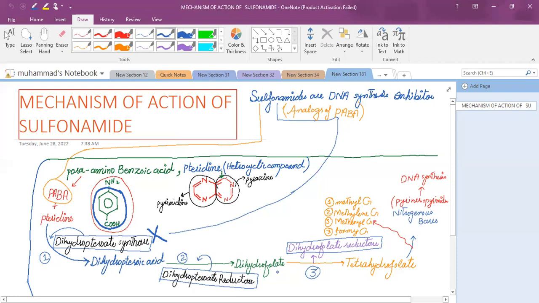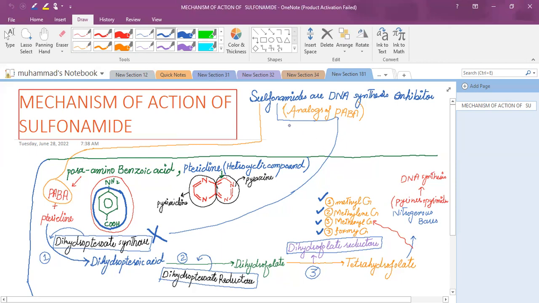In the next step, dihydrofolate is converted into tetrahydrofolate by the activity of the enzyme dihydrofolate reductase, and this tetrahydrofolate provides these functional groups to the purines and pyrimidines, because these functional groups are necessary for the synthesis of purine and pyrimidine, and in this way DNA is synthesized. So this is the cellular machinery of the bacteria, that is how DNA is synthesized.